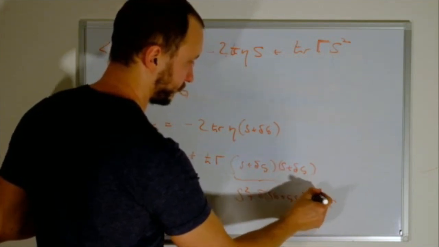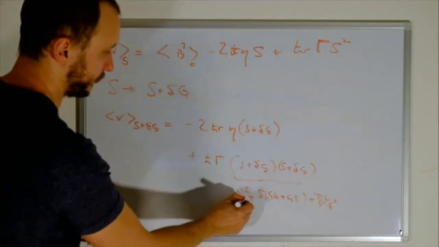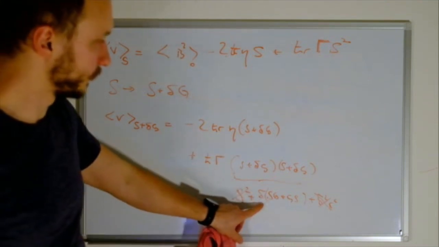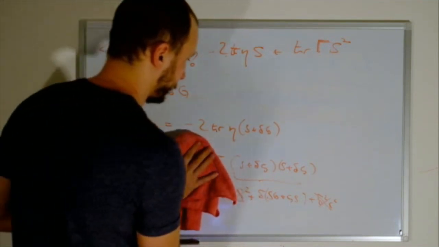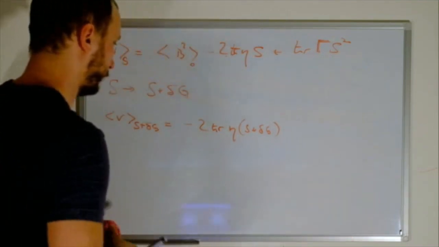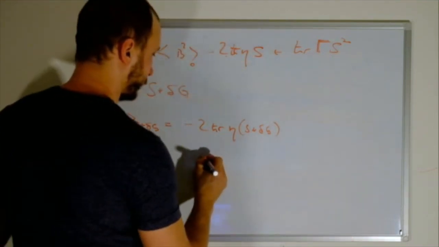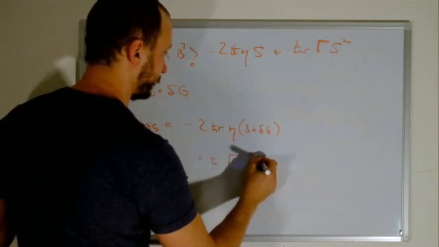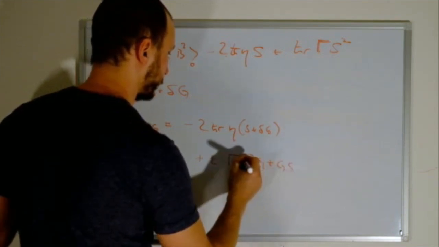Delta squared we don't care about, because we only care about how this expression moves with respect to delta. So this becomes plus trace of gamma times SG plus GS.